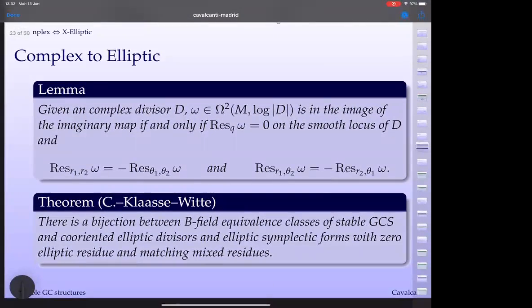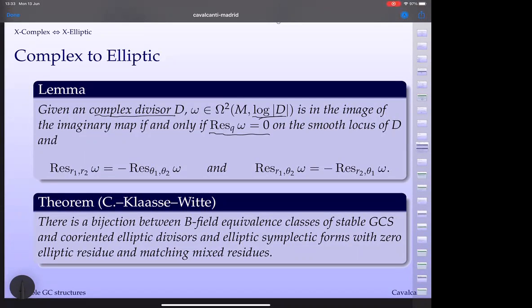Okay, so that ends up being the condition. If I already have a complex divisor, and I have a 2-form which is elliptic, where the complex divisor is given and I'm looking at the underlying elliptic divisor that comes out of that, then there are 2 things that I need to have. One of them, in the smooth part, is the residue: the coefficient of d log Z1, d log Z1 bar should be 0 in the smooth part.